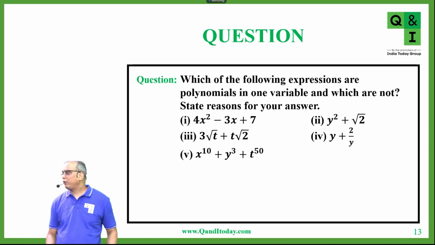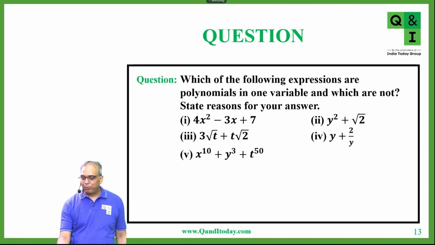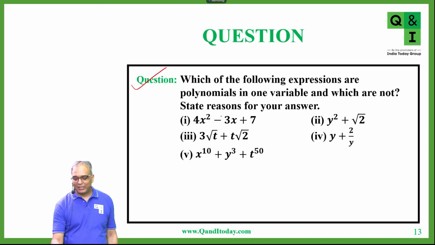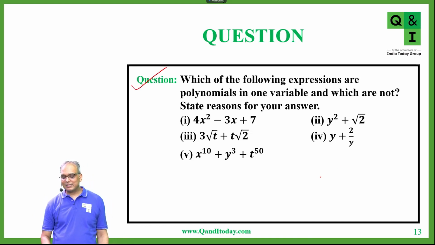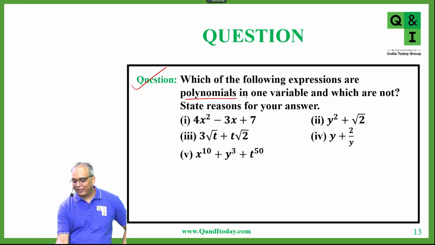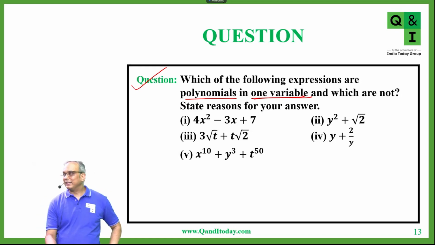Now, which of the following expressions are polynomials in one variable and which are not? You have to tell me which are polynomials in one variable and which are not. You have to note that it should be of one variable. First one, is it a polynomial?